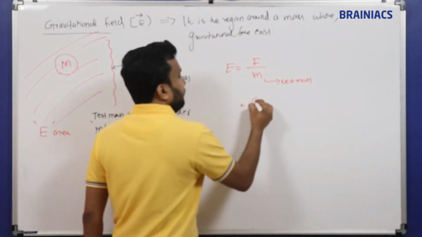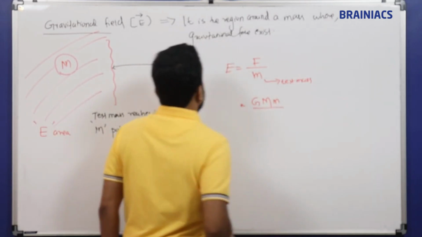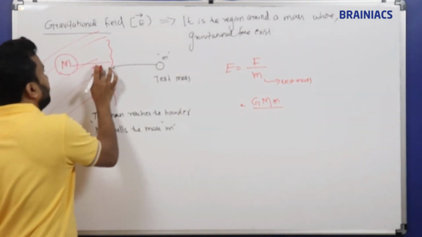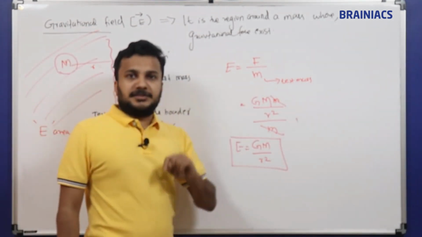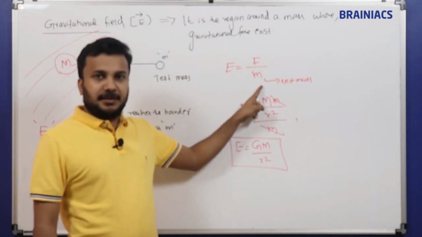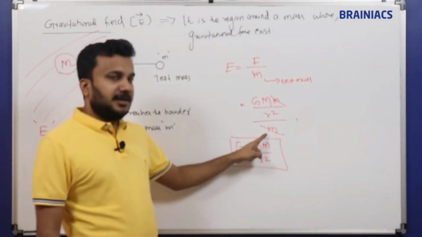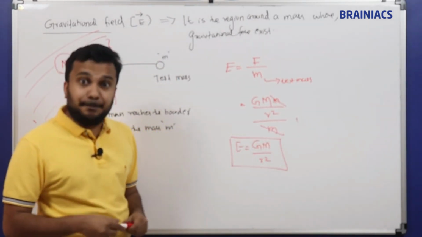Now, we'll apply the formula. Two bodies, G, M divided by... Suppose the distance from the body is r. So the gravitational field intensity formula: E is equal to F by m, where m is called the test mass. You apply the force formula, and the m cancels, and you get GM by r square.